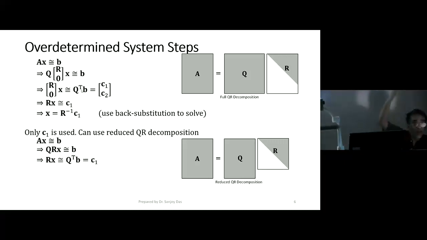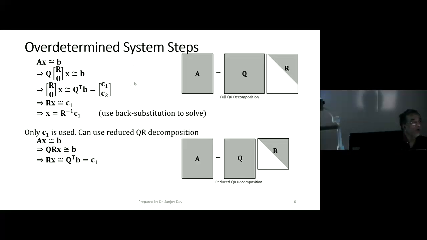Okay, because we have eliminated the zeros that were here. Now Q transpose B will just give you the elements of C1. And this we can solve directly using back substitution. So Rx is approximately equal to C1, or X is R inverse C1.